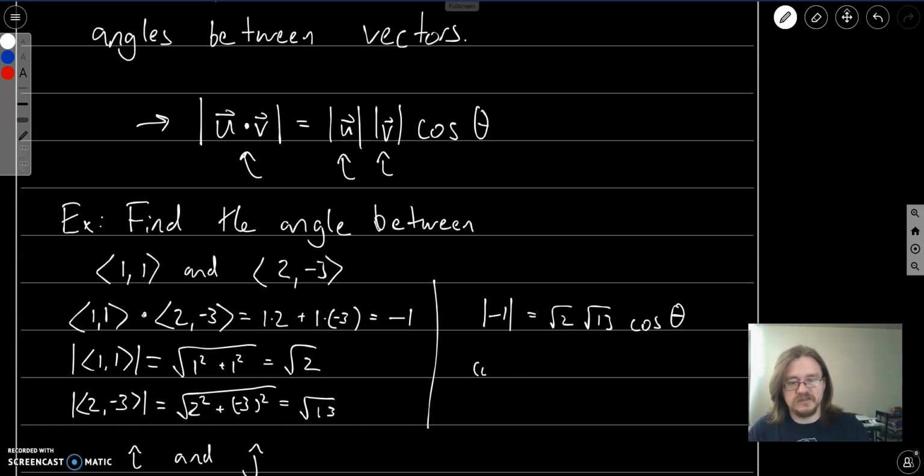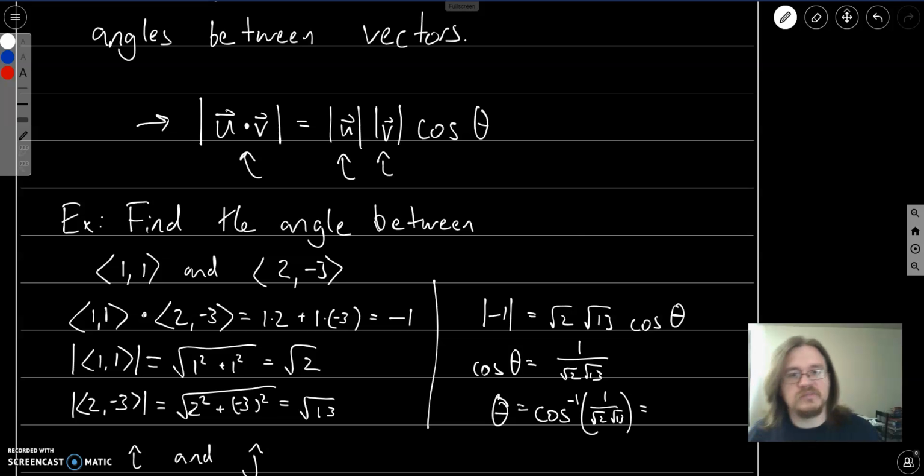So if I solve for the cosine, the absolute value of negative 1 is going to be 1, and that is over the square root of 2 times the square root of 13. So theta is going to be the inverse cosine of that guy.